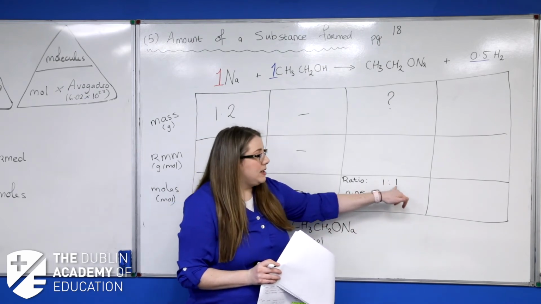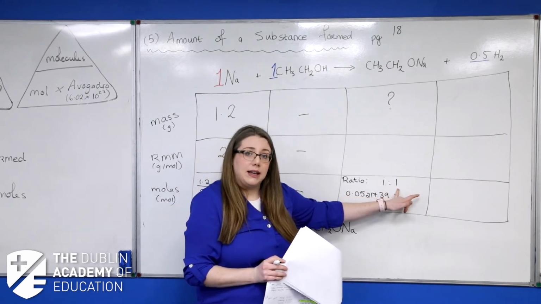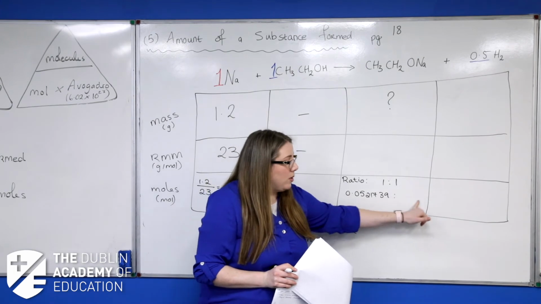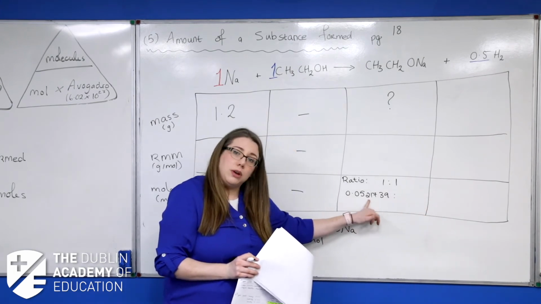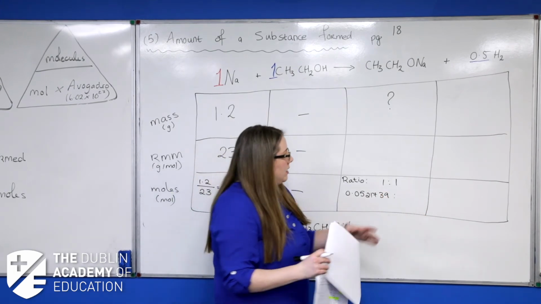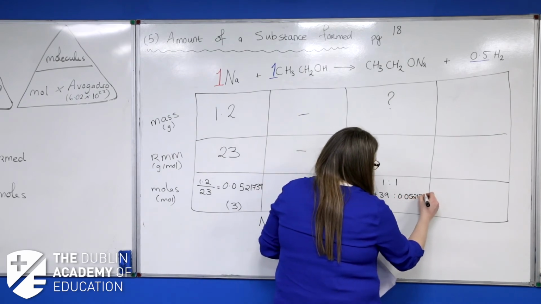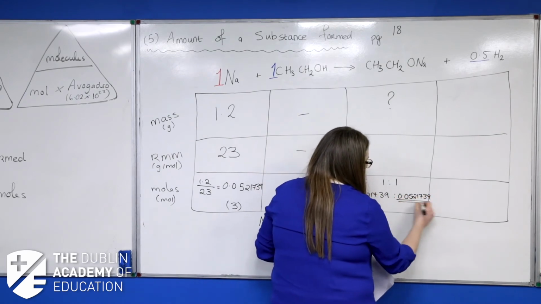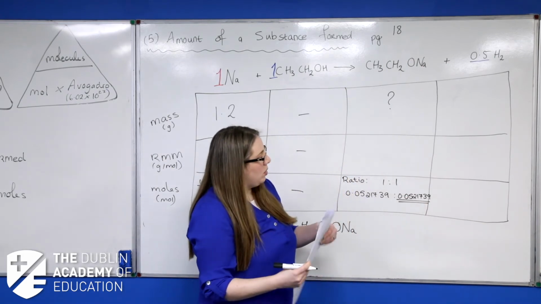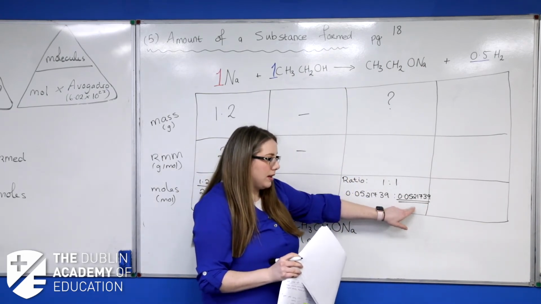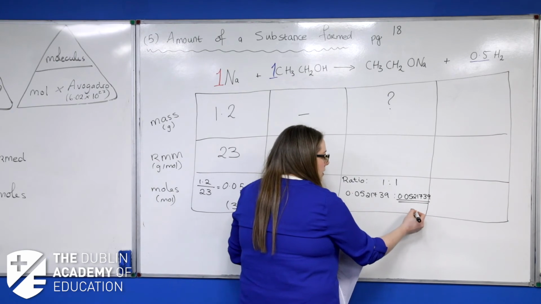If that was 1:2, and I'm going to show you a reaction like that in a minute, the number of moles formed would be twice as big as what you started with. So the number of moles is this. In your exam, underline that, showing that that's the number of moles of the product. That's going to get you another 3.